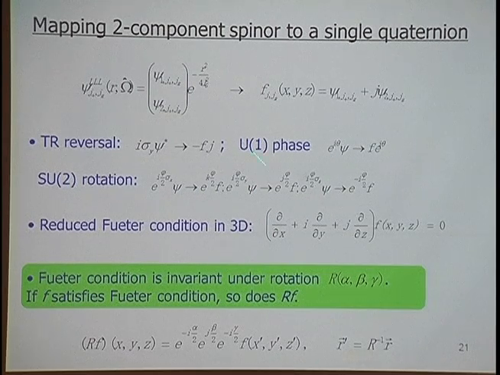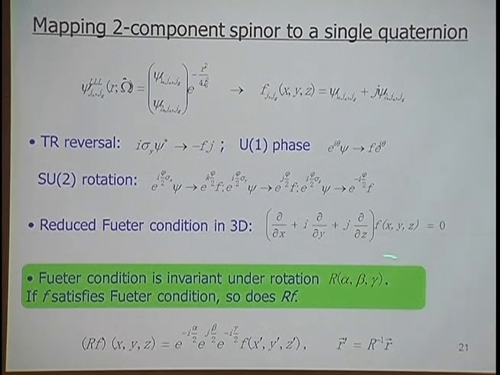Now, this is our regular representation. Our wave function is a 2-component spinor, and each component is a complex number. Just like a complex number can be considered as a pair of real numbers, a quaternion can be considered a pair of complex numbers. We follow this definition for the correspondence, multiplying a j in front of the second component.